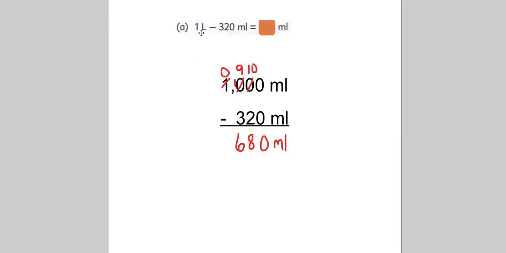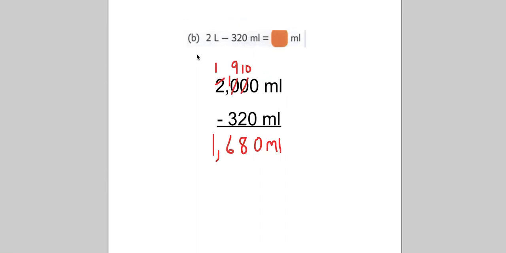Here, we had to convert 1 liter to 1,000 milliliters, and when you subtract, you get 680 milliliters. Remember, you could always check your work by adding 680 plus 320 to make sure you get 1,000. Okay, let's check out B. B was 2 liters minus 320 milliliters. So the 2 liters we needed to convert to 2,000 milliliters minus 320 milliliters.